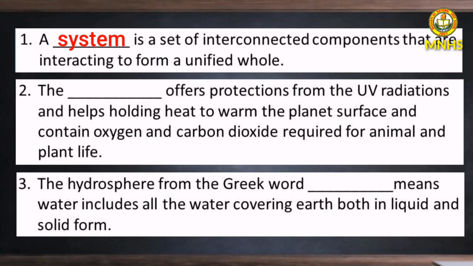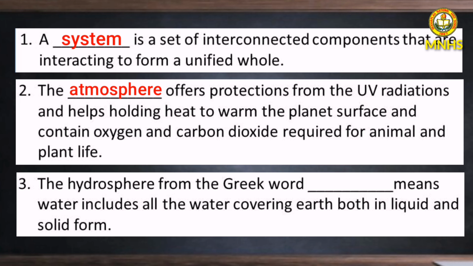A system is a set of interconnected components that are interacting to form a unified whole. The atmosphere offers protection from the UV radiation and helps hold heat to warm the planet's surface and contain oxygen and carbon dioxide required for animal and plant life.